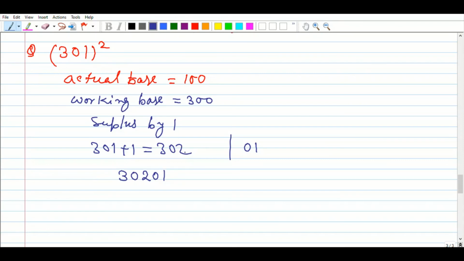We can combine it and conclude we have 3201.